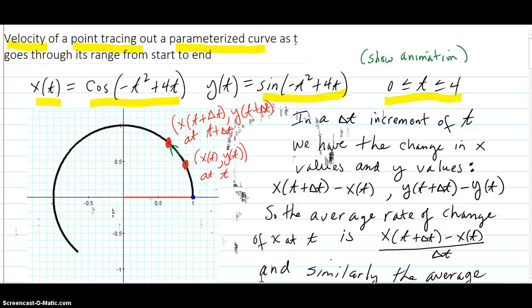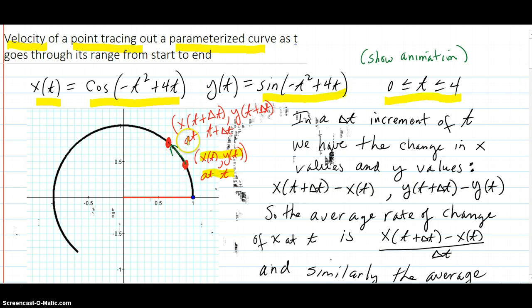So speed sounds like a rate of change, which sounds like a derivative. So you can pretty much guess what's going to happen here. At a point (x, y), or (x of t, y of t), at a t value of t, here's where you are.